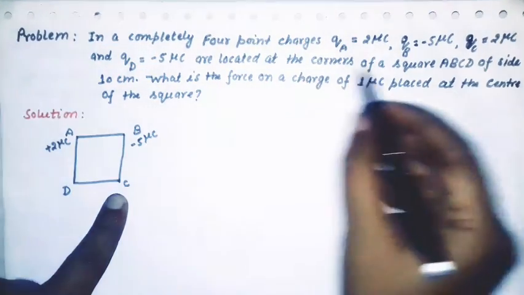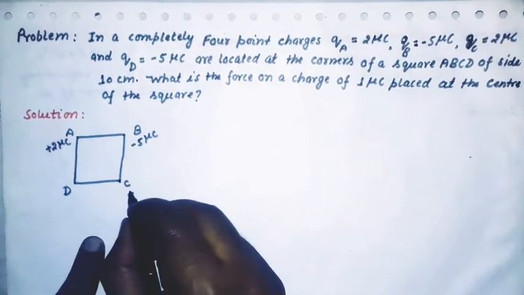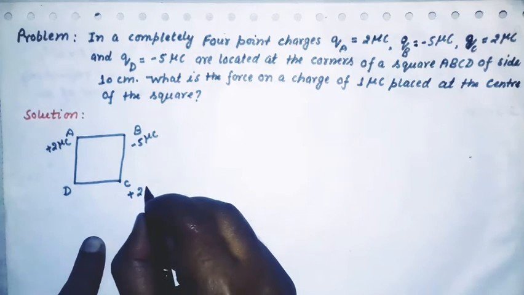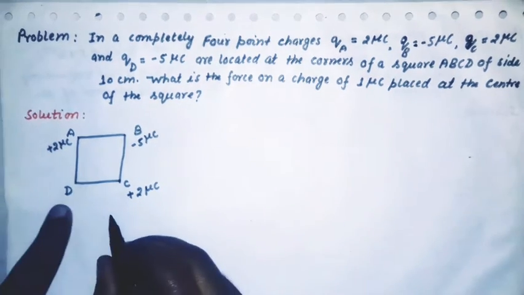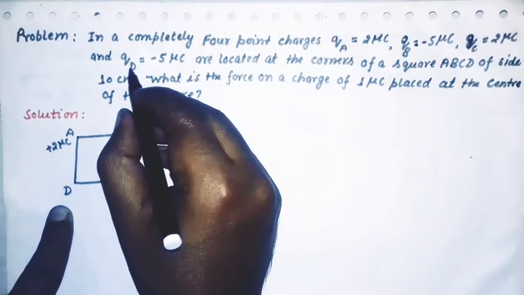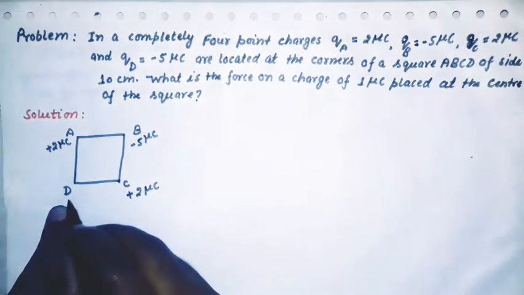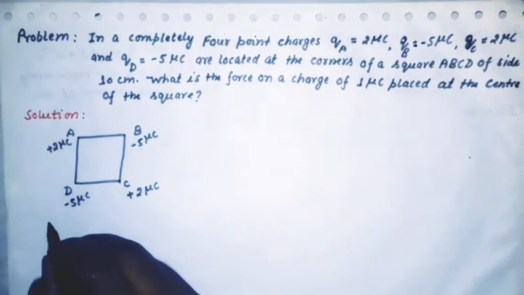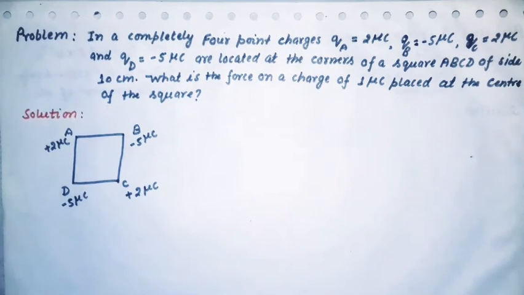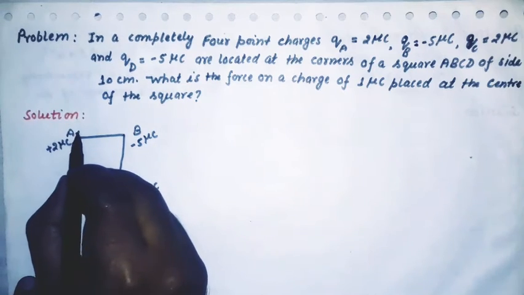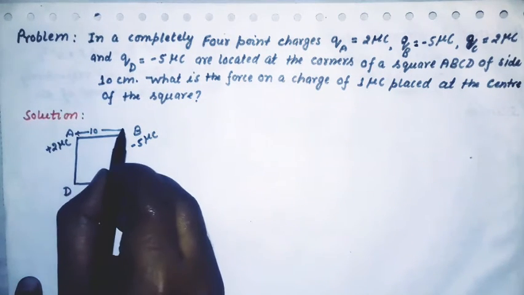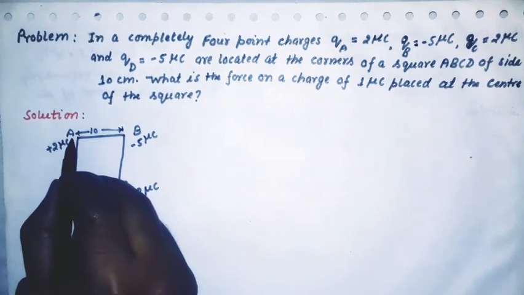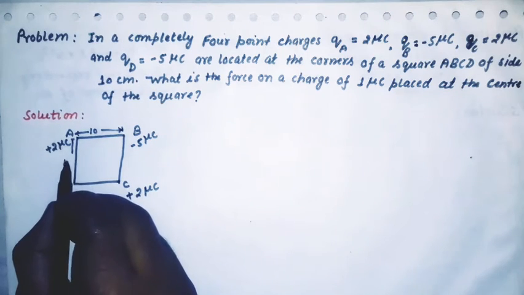Charge at point C, which is QC, is plus 2 microcoulomb. And charge at point D, that is QD, is minus 5 microcoulomb. We have noted this down. The side of this square is 10 centimeter.